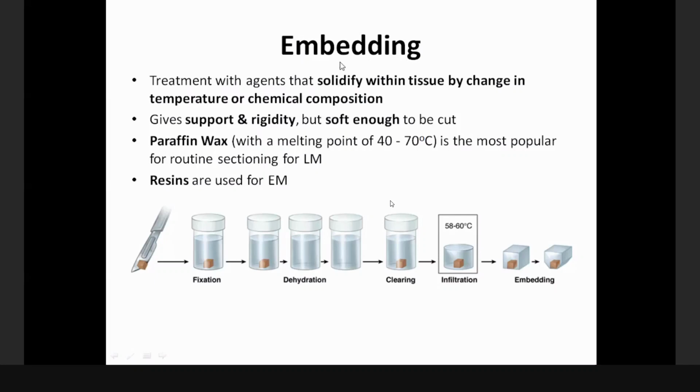For light microscopy, it is paraffin. For electron microscopy, it is plastic, where this block could be picked and put onto a cutting machine, and that machine would slice the tissue to the desired thickness.